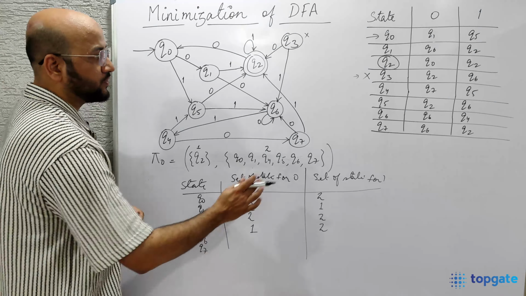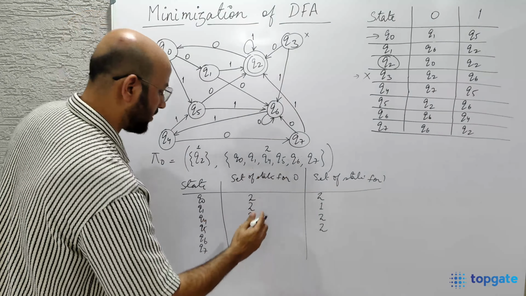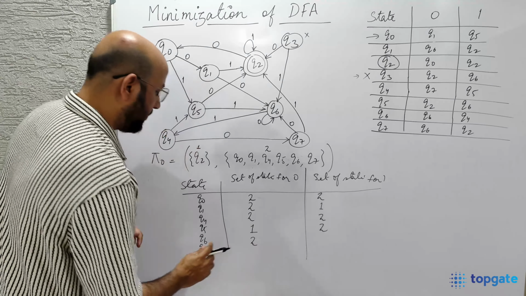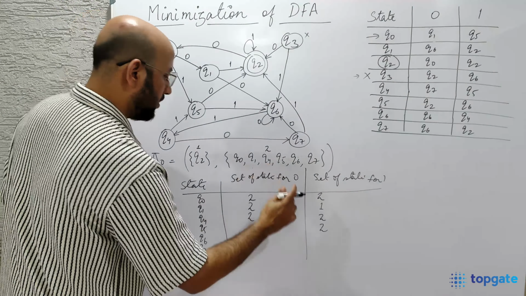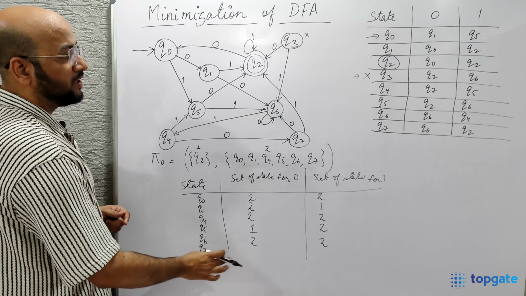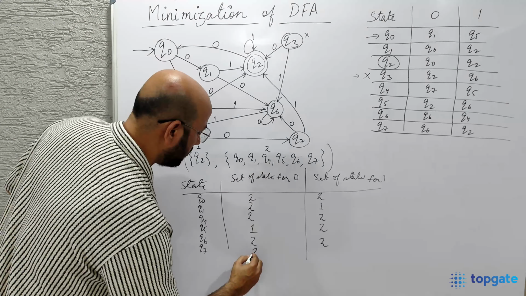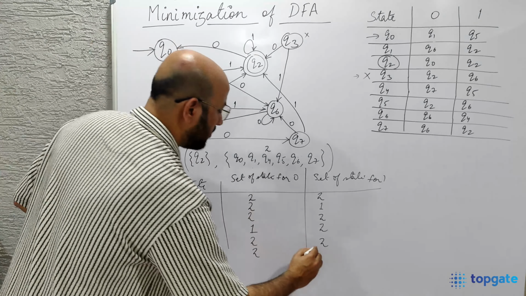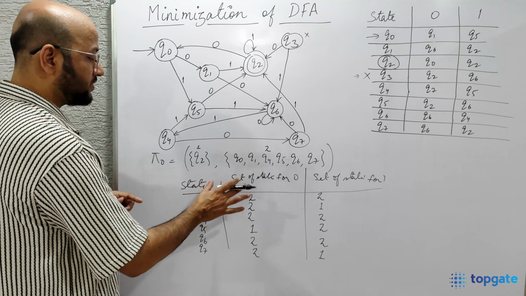Correct? Now Q6: I'm getting Q6 and Q4. Q6 is set number 2 and Q4 belongs to set number 2, so I'll again write set number 2 here. Similarly, Q7: I'm getting Q6 and Q2. Q6 is set number 2 and Q2 is set number 1. So I have made the table for this particular set number 2.